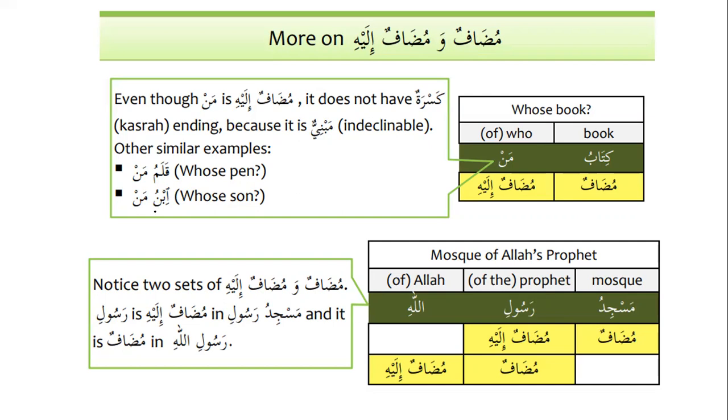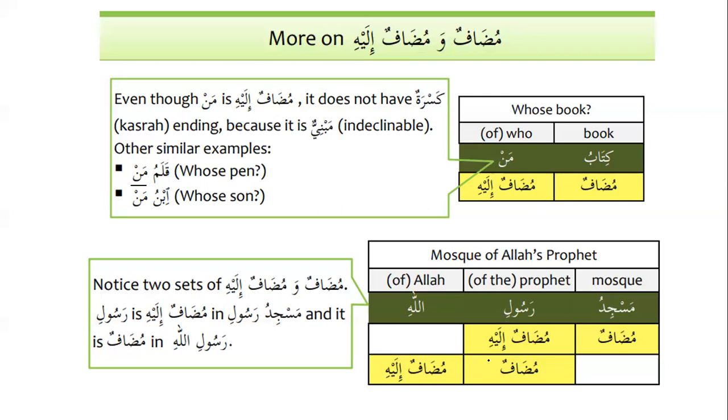Similarly, Qalamu man and Ibnu man, so whose pen, whose son. When we use it as mudaf ilayh, of course, man is mabni al sukun, so the ending of man will not change. Kitabu hada, the book of this person. Also the ending of hada will not change. Kitabu alladhi kharaja min al-fasli, the book of the one who left from the classroom. So whether we have hada, alladhi, man, or ma after that, of course, they are mabni, so the ending will not change. However, they can be used as mudaf ilayh.